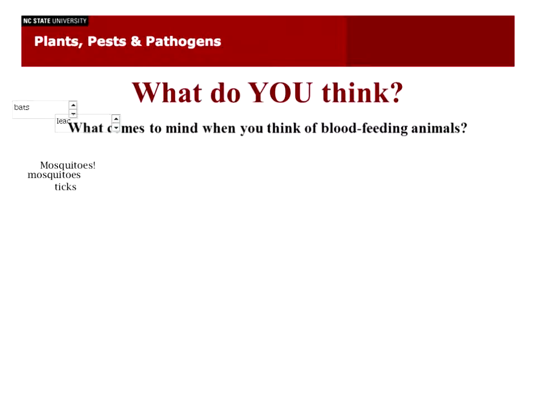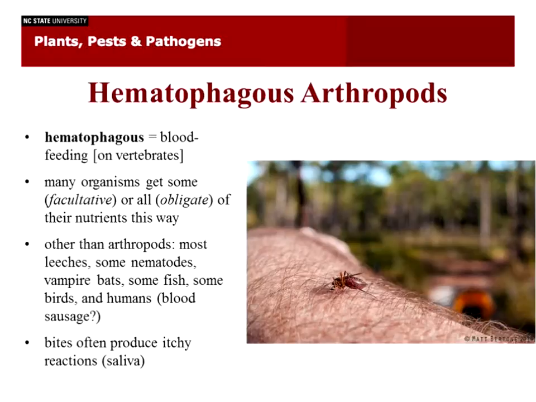All right, so those are probably some really common ones that people think of, but today I will talk about basically hematophagous arthropods. Hematophagous is just a fancy word for blood feeding, and is usually on vertebrates. There really isn't a technical term for feeding on insects, which I'll talk about in a minute.